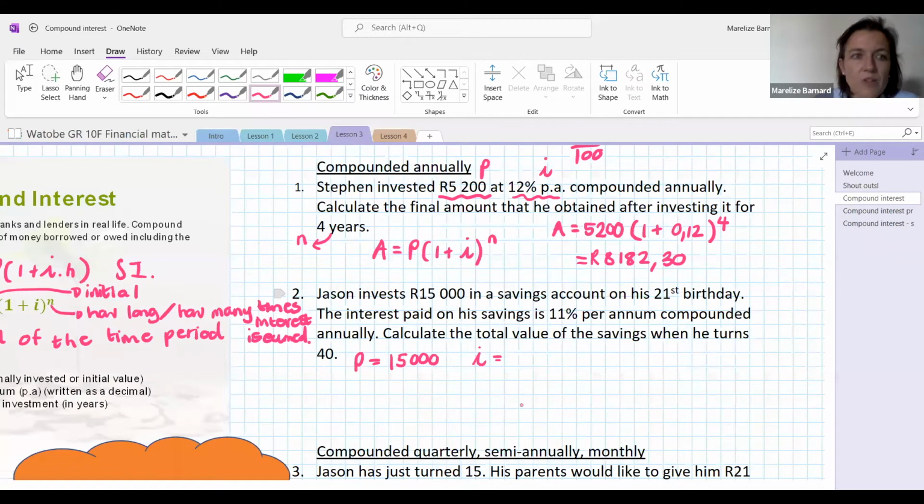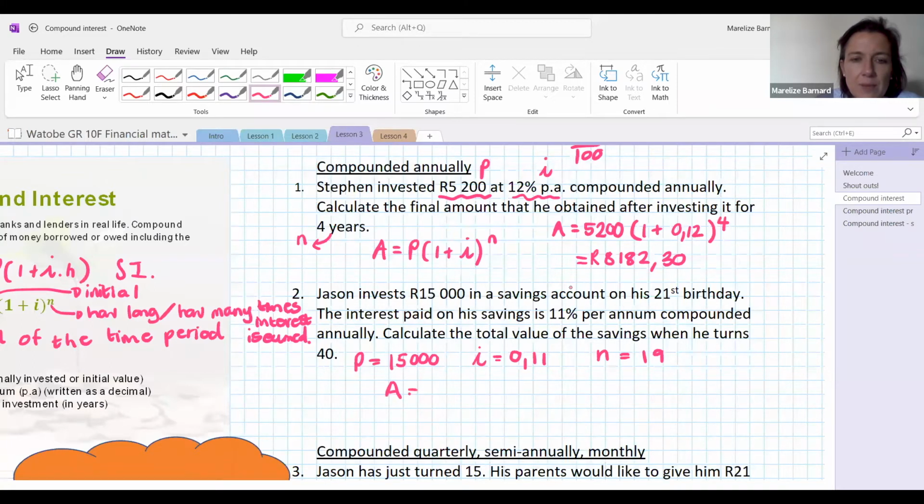We must round to 2 decimal places, so remember to do that. Okay, good stuff. Quite a few of you, I think, got the right answer.